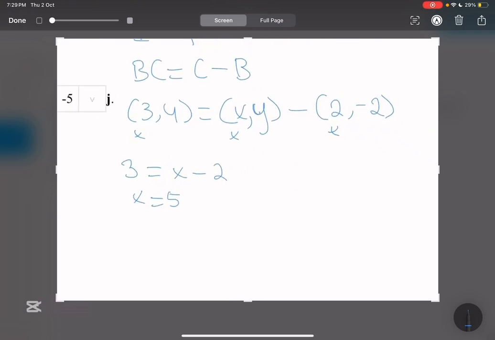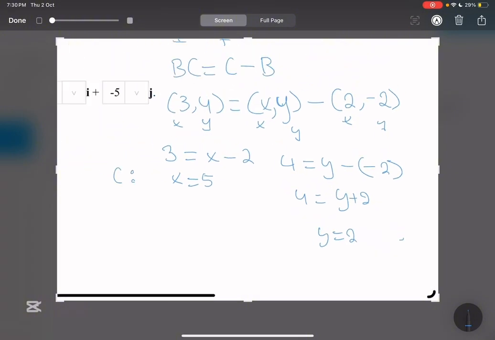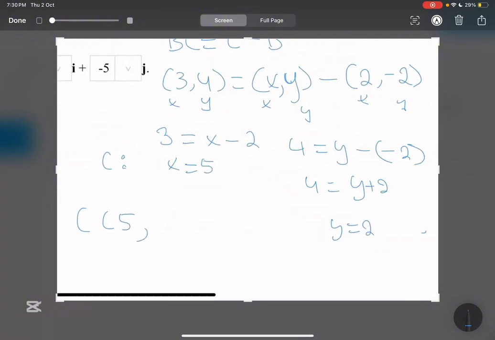And then we're finding C, by the way. Then we're going to do the y, which is 4, y, and negative 2. So 4 is equal to y minus negative 2, which is y plus 2, so y would be 2. So we have x and we have y, so C is 5 and 2.